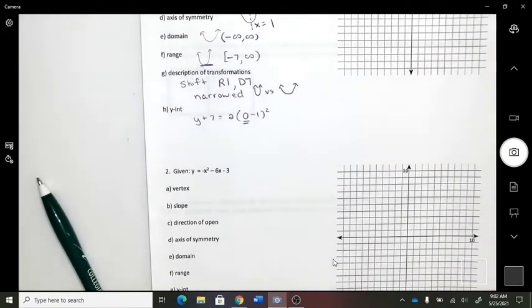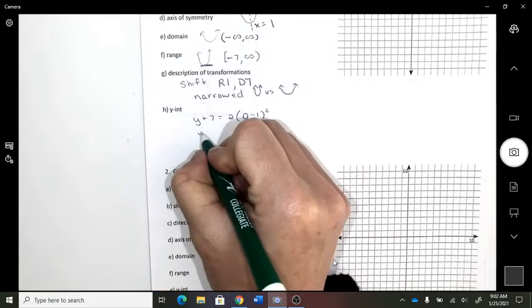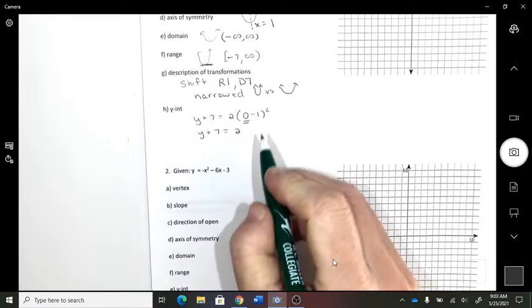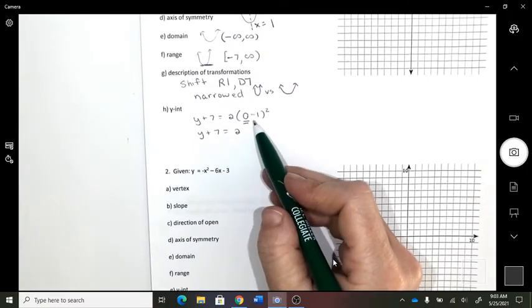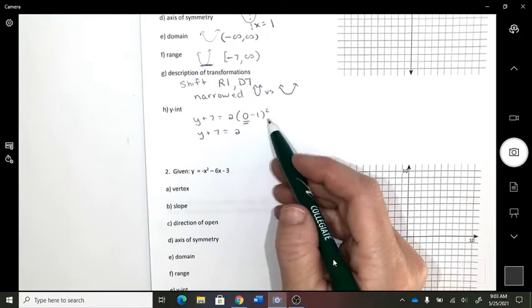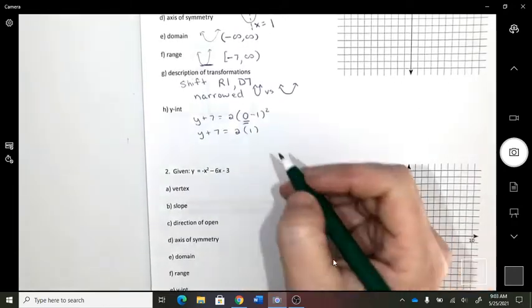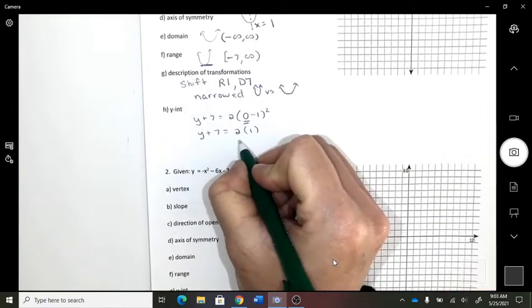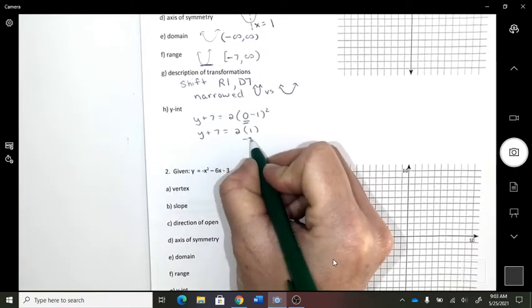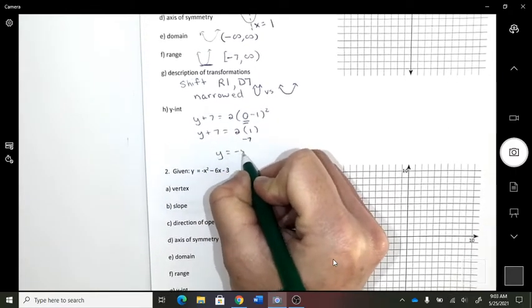That's all I did. Okay, so now we have to do the math on that. So 0 subtract 1 is negative 1. Negative 1 squared is 1. And then we're going to have to subtract 7. So y is negative 5.